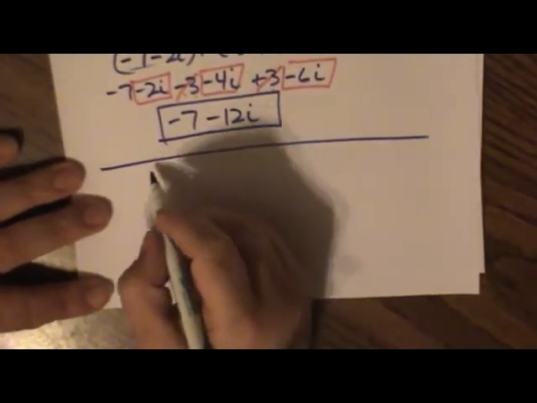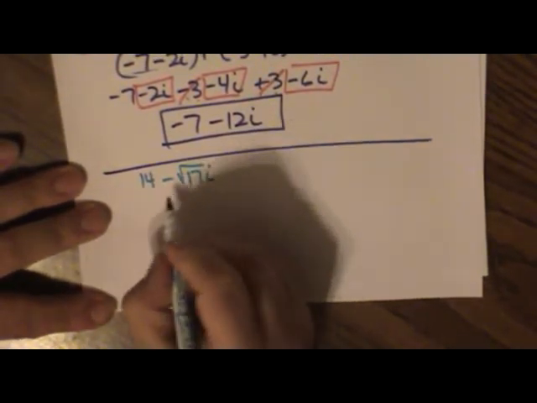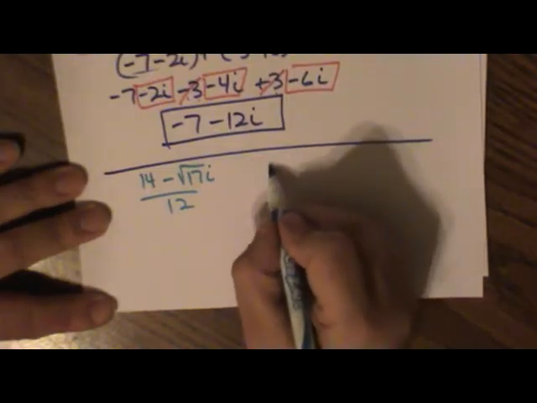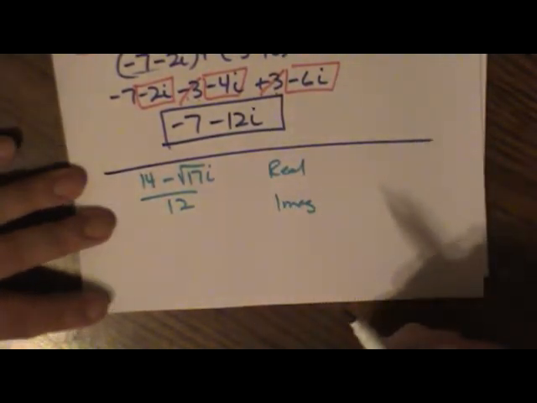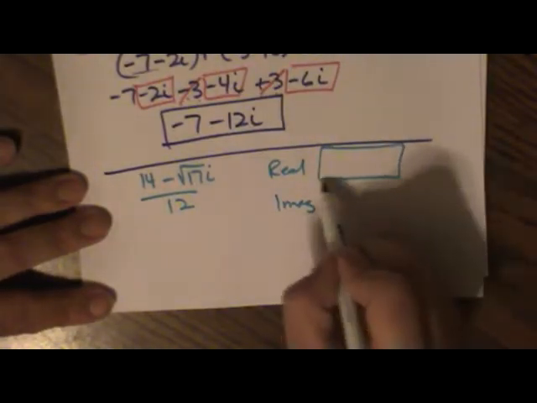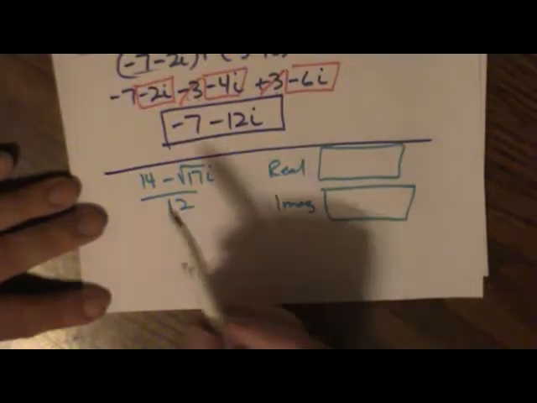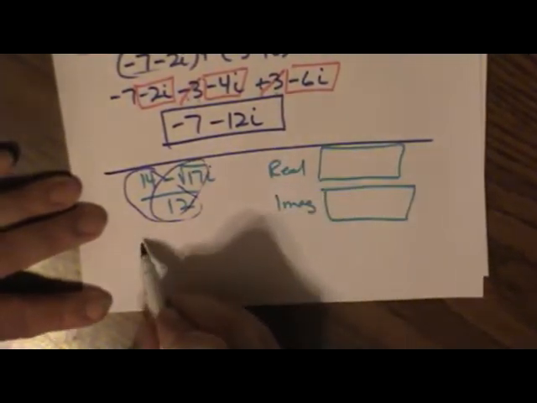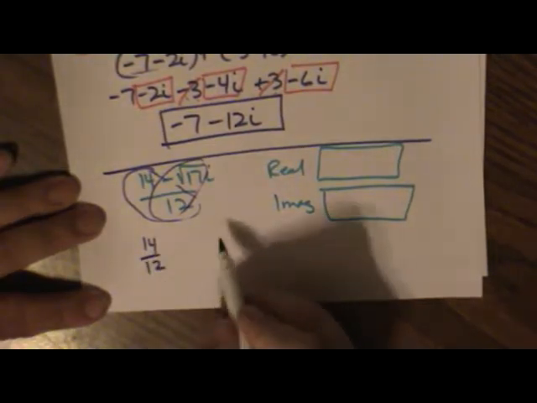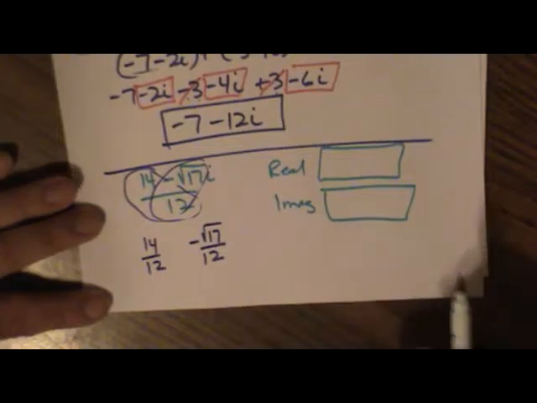Let's do another one where we're finding the real and the imaginary in a fraction. Here's the real, here's the imaginary. What are they going to be? Okay, we can split them up. So we get 14 over 12, and then we get negative square root of 17 over 12.